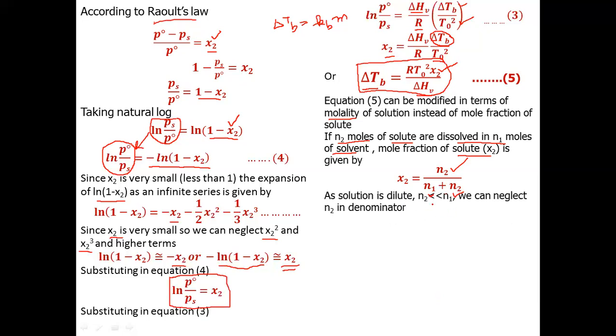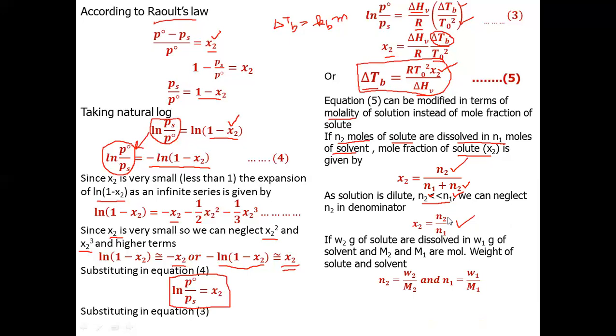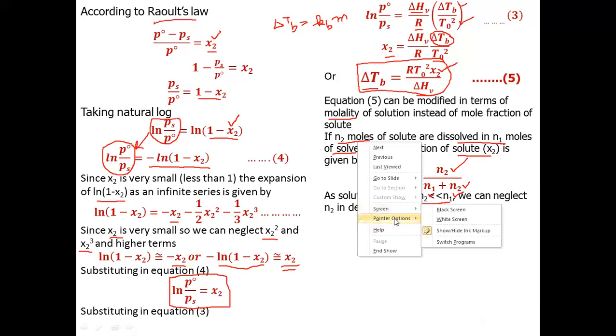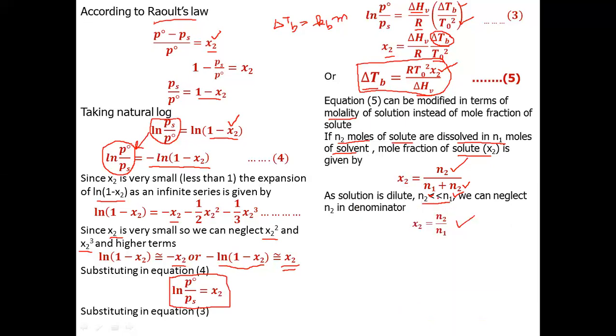We all know that the solution is very dilute, so N2 is less than N1, so we can neglect N2 from the denominator. So this relation will reduce to X2 is equal to N2 by N1, as we can neglect N2 from the denominator. Why? Because the solution is dilute.